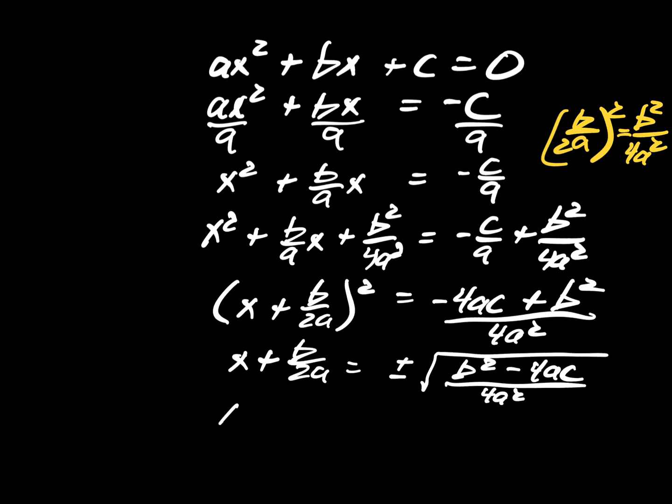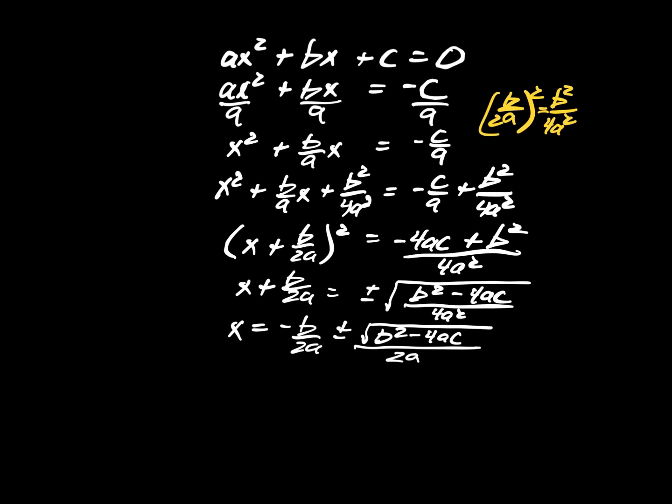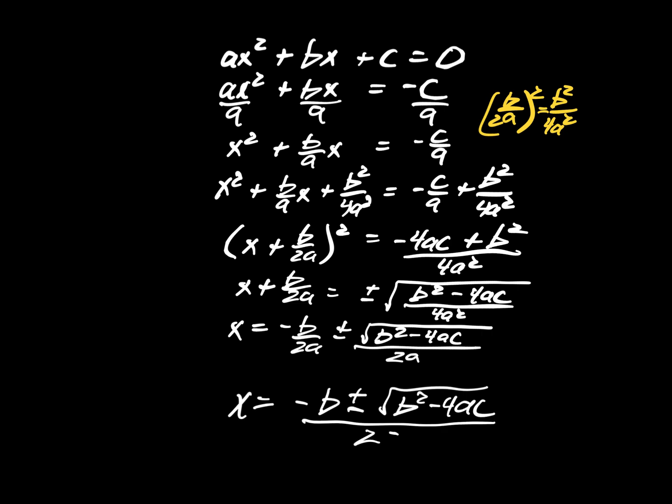And then we're going to subtract that, x equals minus b over 2a plus or minus the square root of b squared minus 4ac, and the square root of 4a squared is 2a. And so they have a common denominator, so we can write those together as x equals minus b plus or minus the square root of b squared minus 4ac all over 2a.